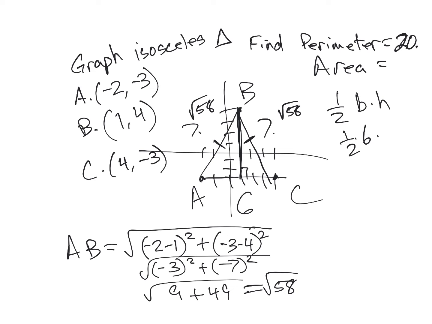So we can just count here: 1, 2, 3, 4, 5, 6, 7. So your height is 7. You can take half of 42, or half of 6 and multiply by 7. Half of 6 is 3. 3 times 7 is 21 square units. Did anybody get both of those? Okay, good.